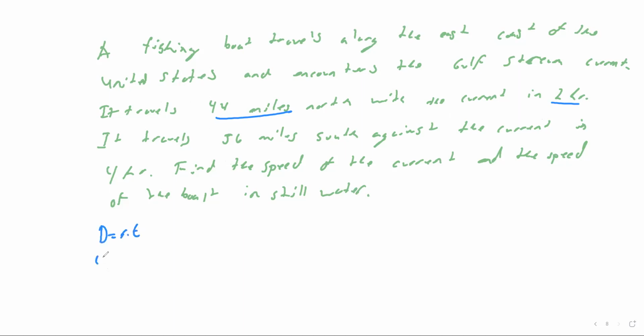So it travels 44 miles at a rate unknown to us in 2 hours. And then it looks like we have 56 miles against the current. So our rate would be with and the other rate would be against in 4 hours. The R's would not be the same here.